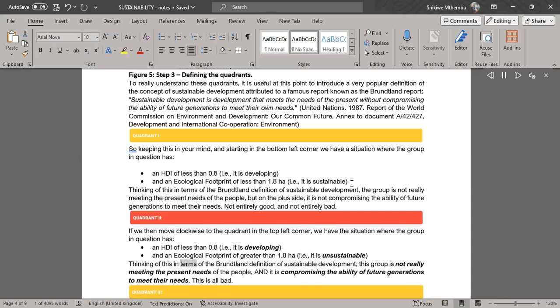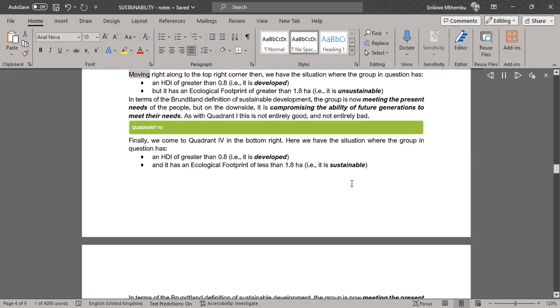Thinking of this in terms of the Brundtland definition of sustainable development, this group is not really meeting the present needs of the people, and it is compromising the ability of future generations to meet their needs. This is all bad.